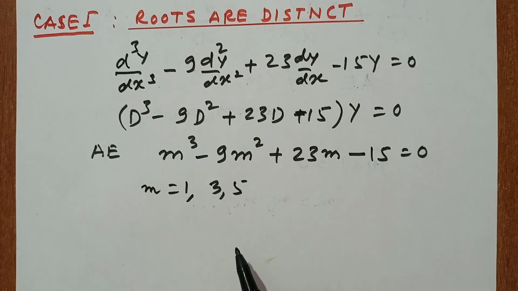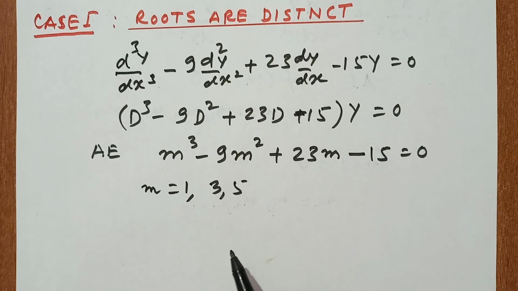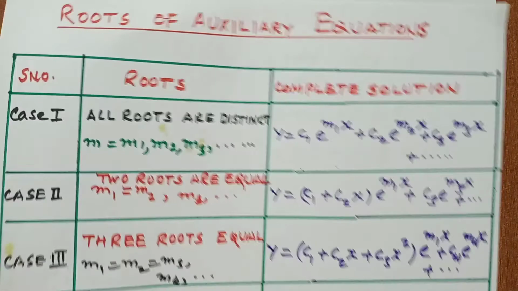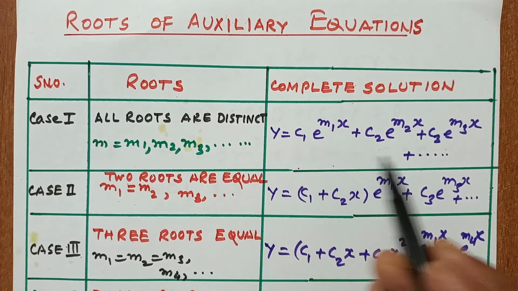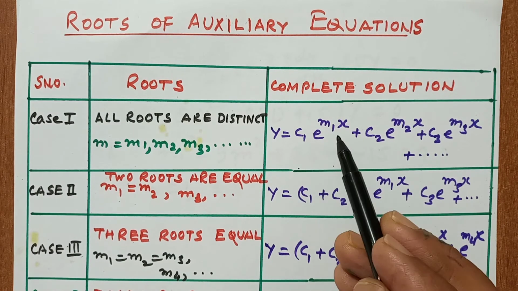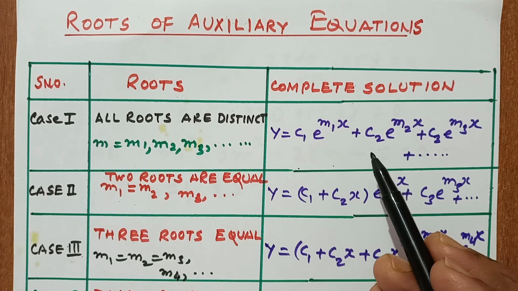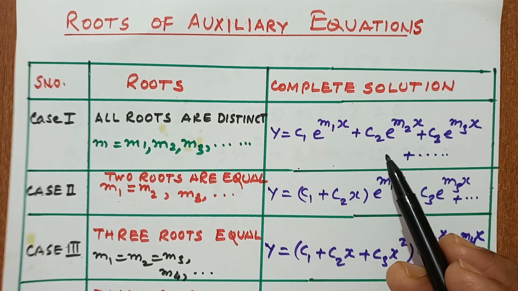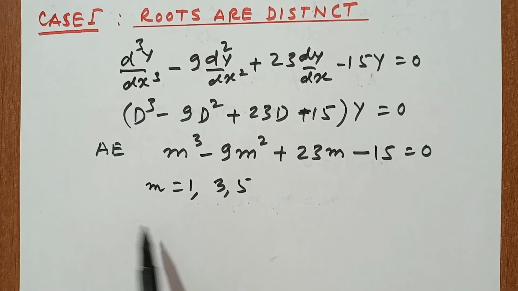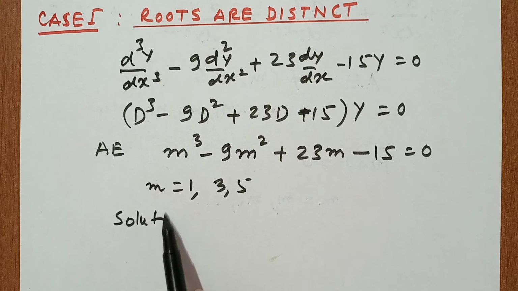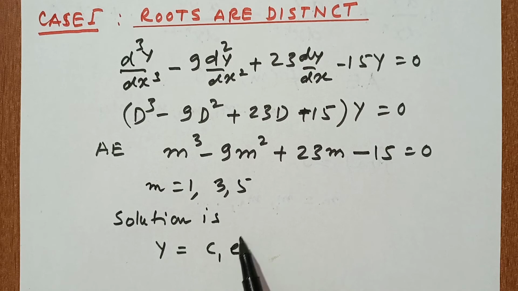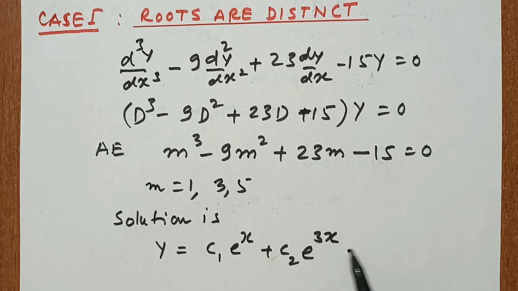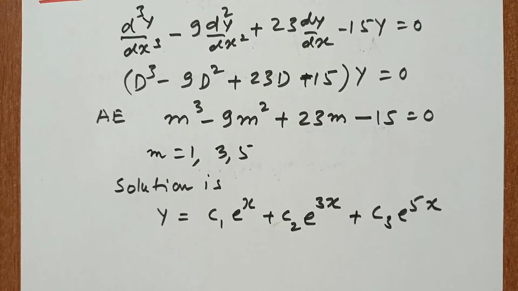As we explained in the summary of auxiliary equations, all three roots are distinct, so you put in the solution y is equal to c1 e to the power m1x plus c2 e to the power m2x plus c3 e to the power m3x. Therefore the solution is y is equal to c1 e to the power x plus c2 e to the power 3x plus c3 e to the power 5x. This is the solution.